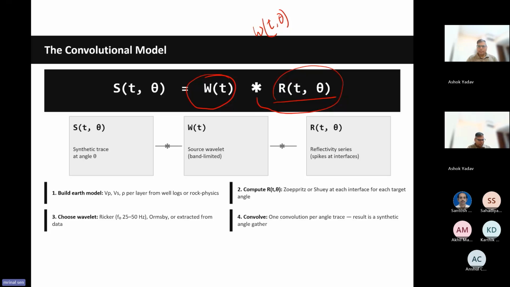So the steps are you build your model, so VP, VS, and rho for each layer, and I already gave you a layer stack. Then you choose a wavelet. It could be Ricker or Ormsby or whatever. Compute R of theta. It's very easy to write code to do that.